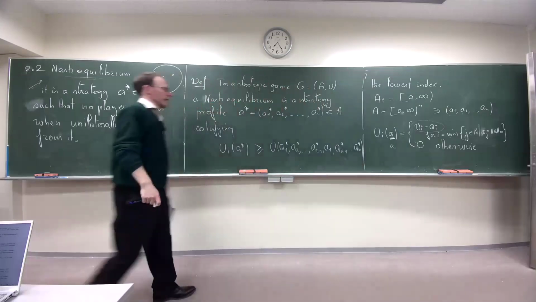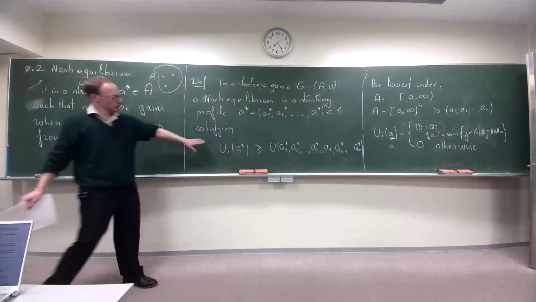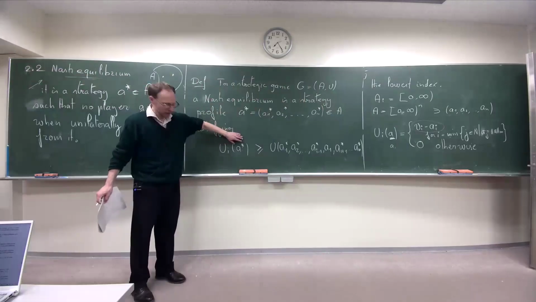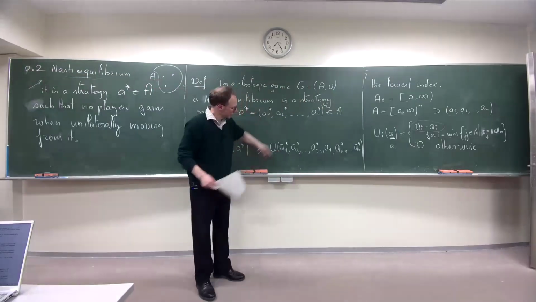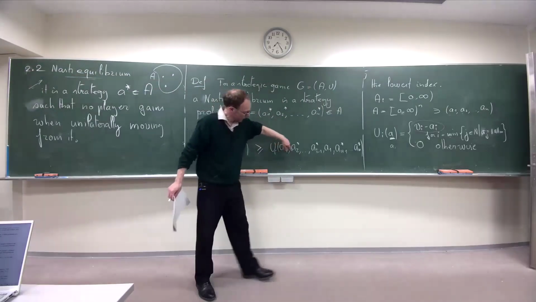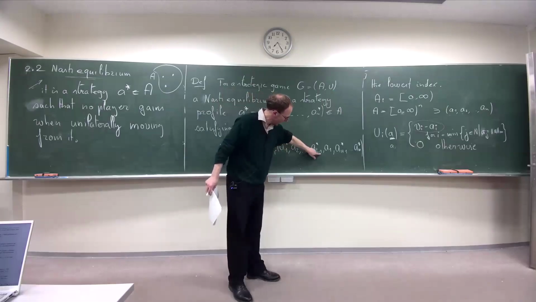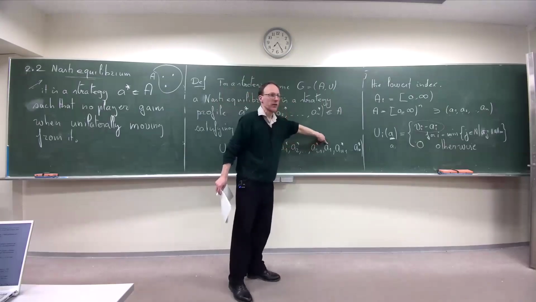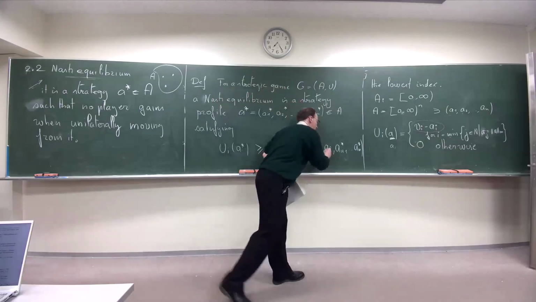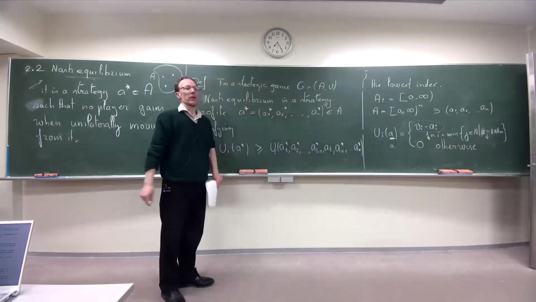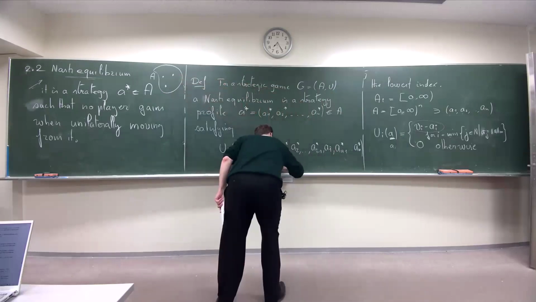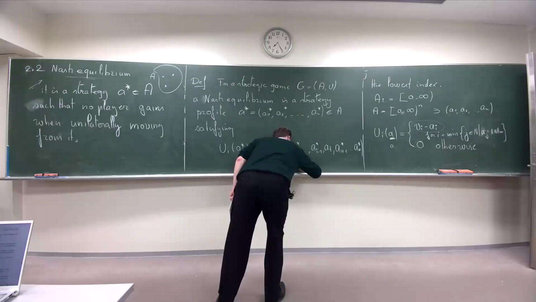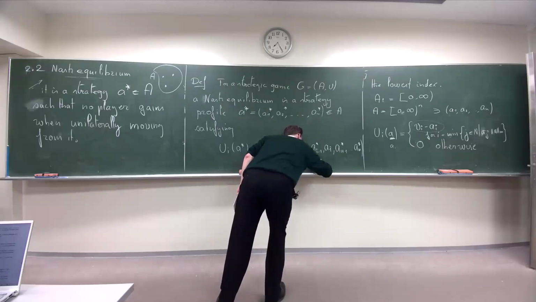So look at what I have written. I have written Ui at this specific point is bigger than Ui at A1 star, A2 star, up to A(i-1) star. Then here there is no star. So I choose an arbitrary point Ai. So this is true for any Ai inside Ai.